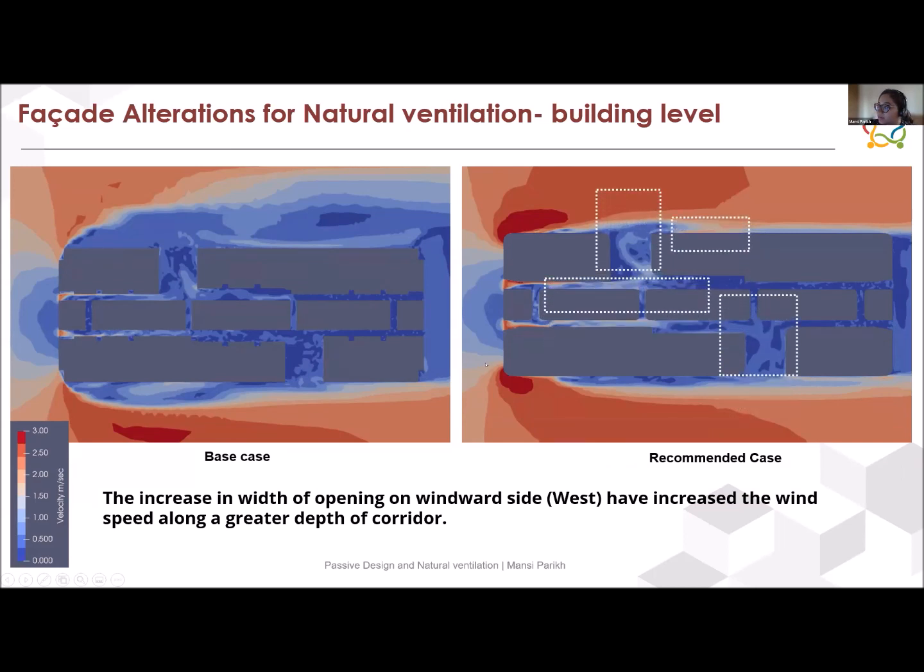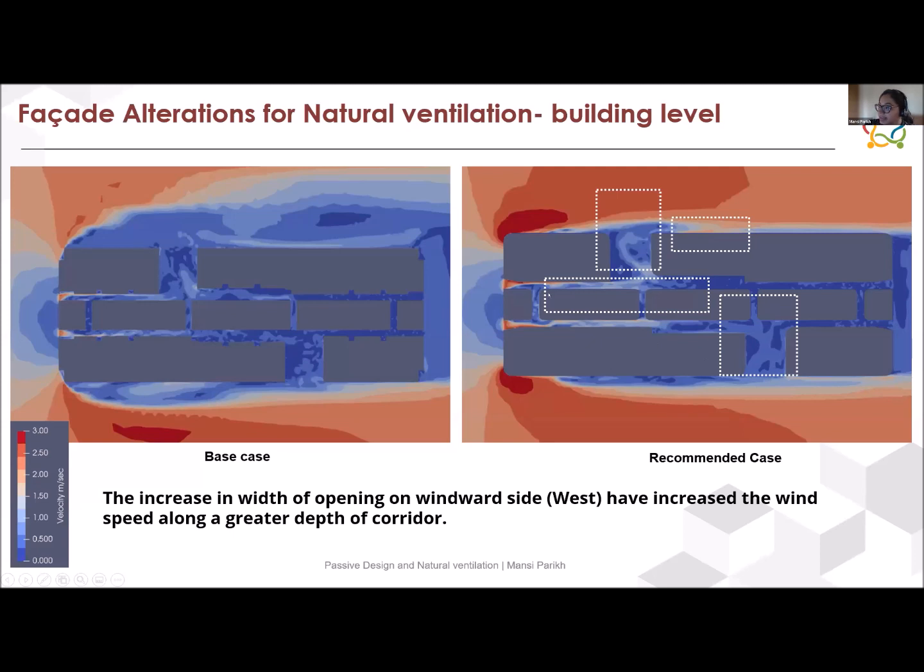What we observed was an improvement in the wind movement in these particular spaces. As you can see, this has dark blue sections, which is almost 0 to very little wind speed. That was improved to almost light blue sections, so 1 to 1.5 meters per second of wind speed in these corridors as well as these outdoor spaces.